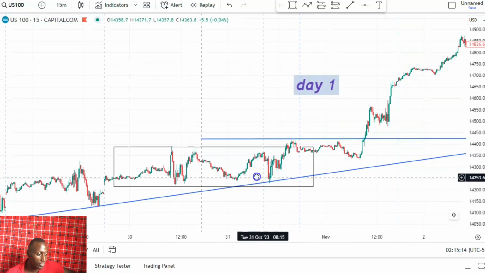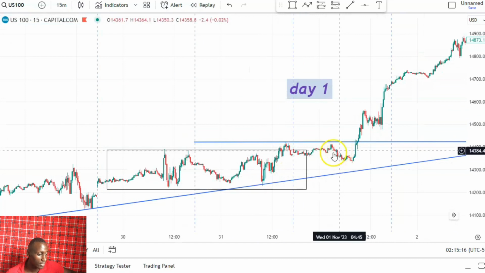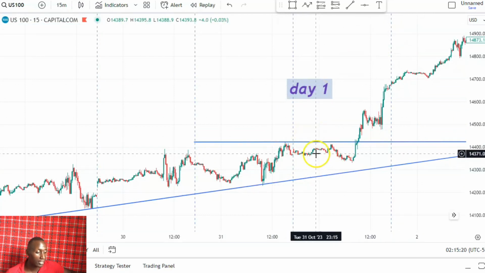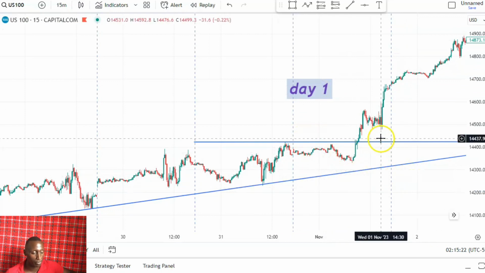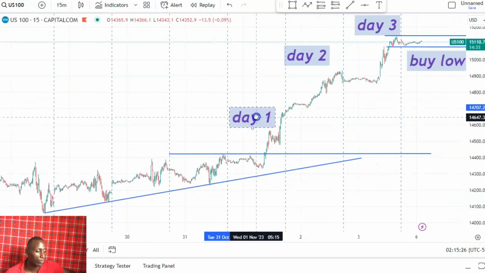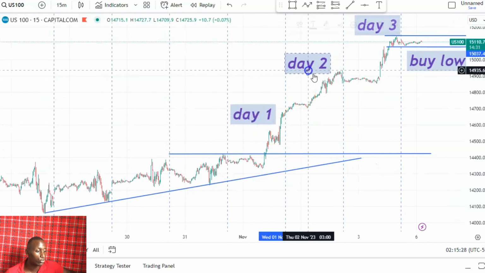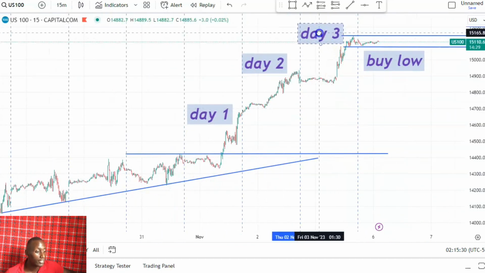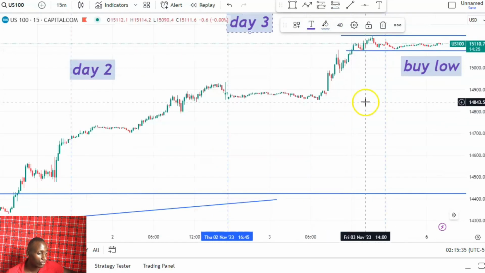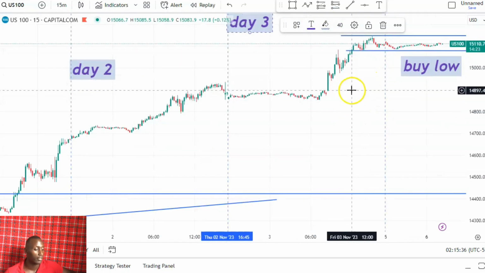So we have a failed breakout, but then on Wednesday, price resets the day count, because rather than continue with day 2, price breaks out and closes outside of the range, making it a day 1 continuation, day 2 continuation, day 3 continuation. Still, I don't see any price action indicating that we are selling.